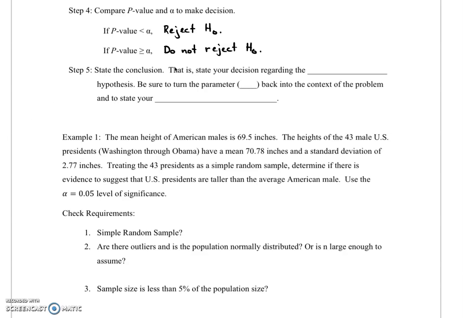Then we state the conclusion regarding the alternative hypothesis. So we turn the parameter mu back into the context of the problem, and we also have to state the significance level.